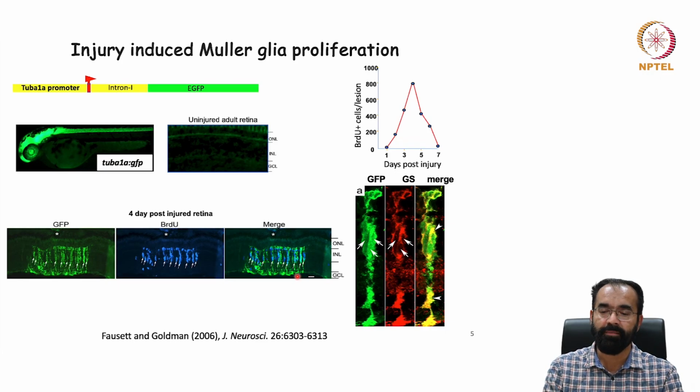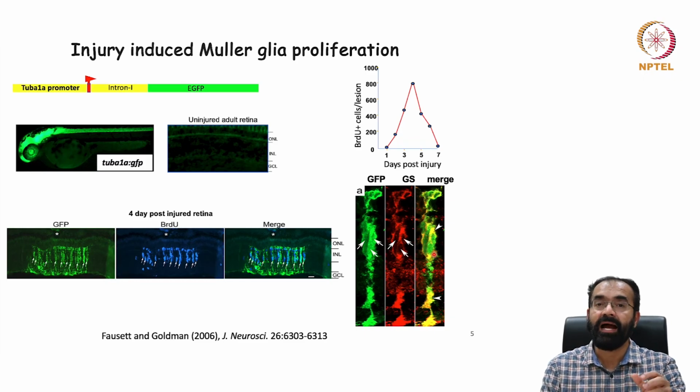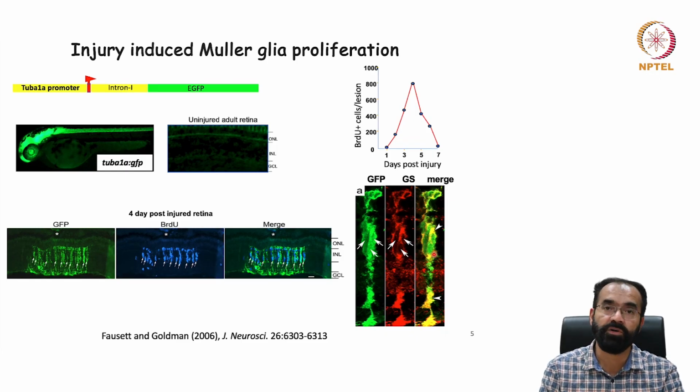One such gene is called glutamine synthetase, as you can see here, red color in this picture. And this GFP is the same GFP as you saw here. And when you merge it, you see a lot of yellow color cells. So the GS positive, glutamine synthetase positive cell is having GFP expression, and they are merged together, and you end up getting a strong expression of glutamine synthetase indicative of the Muller glia, and GFP expression indicative that it is now responding to the injury.